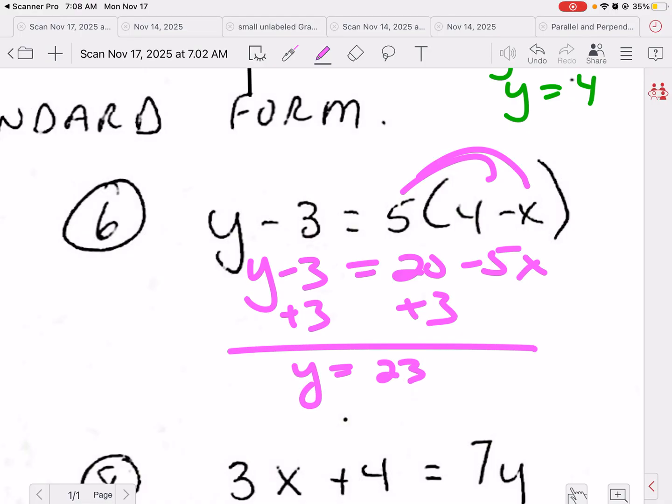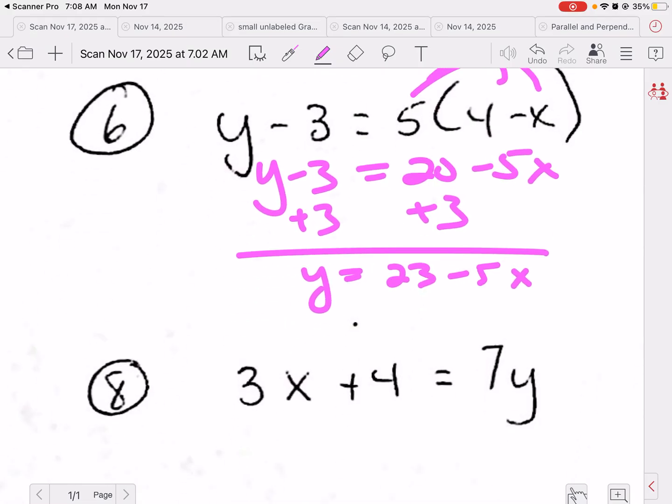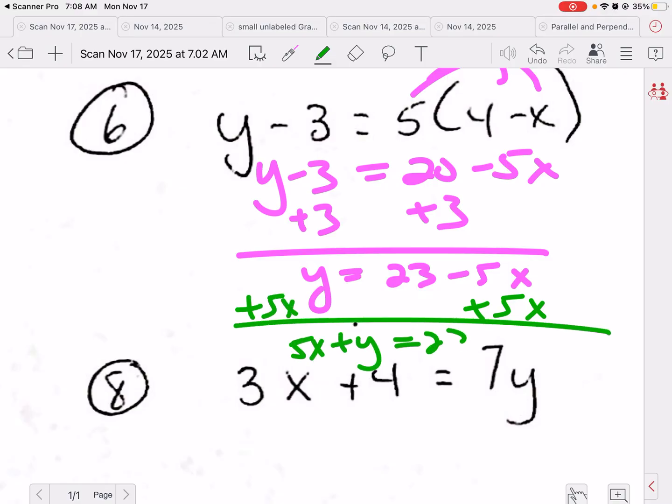So I get y equals 23 minus 5x. I'll go ahead and add 5x to both sides. So we get 5x plus y equals 23. Again, we can't combine x and y because they are different variables. And we do like the x to be in front.